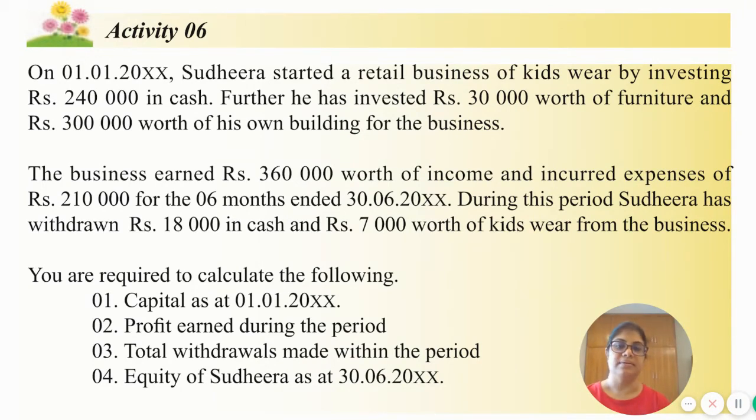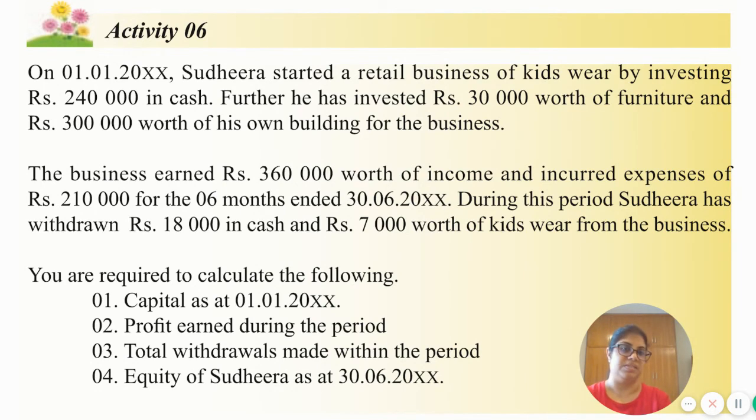The business earned 360,000 rupees worth of income and incurred expenses of 210,000 rupees for the 6 months ended 30th June 2019. During this period, Sudhira has withdrawn 80,000 rupees in cash and 7,000 rupees worth of kids wear from the business.